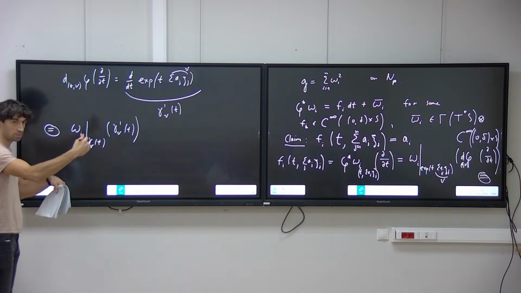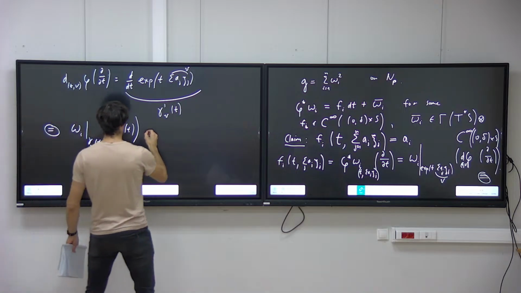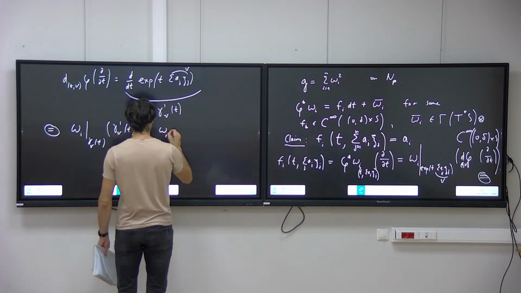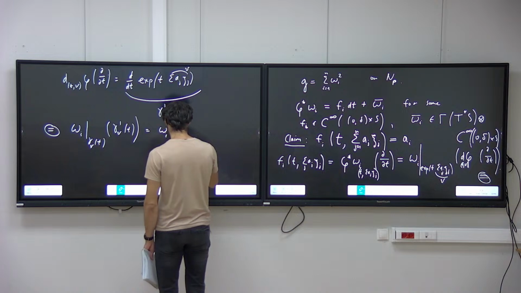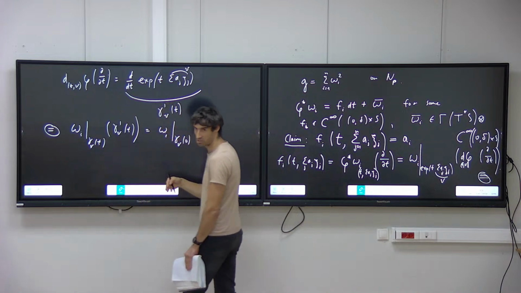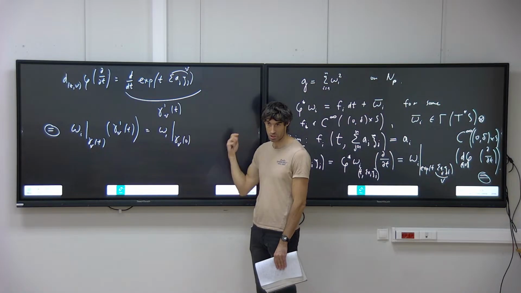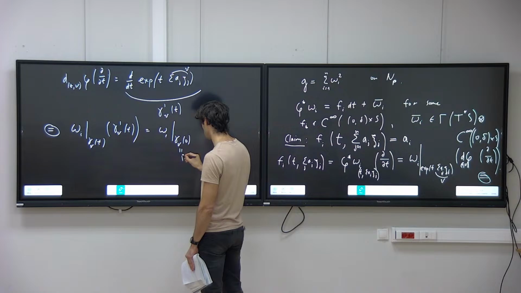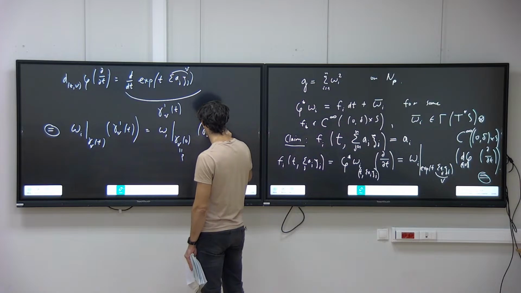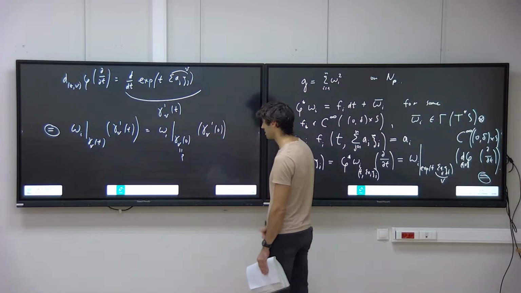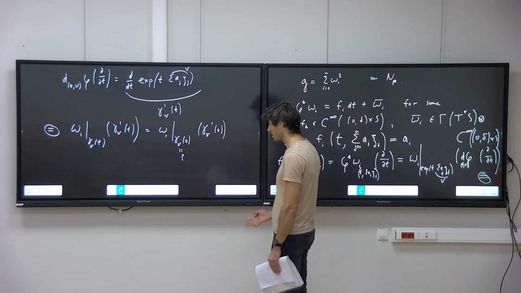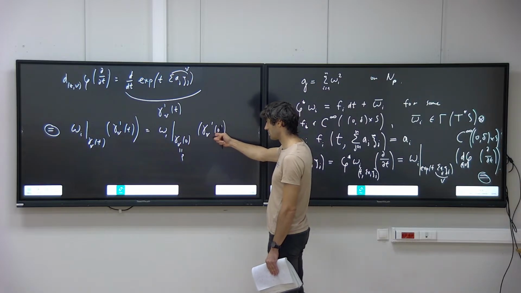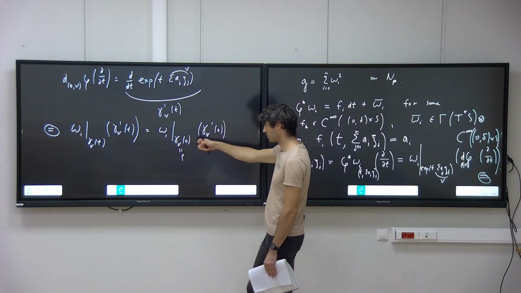But then I remember the definition of omega I. It was given by parallel translation along the geodesic. So actually this is the same as omega I at gamma V of 0. So I can go back along the geodesic by parallel translation to P, right? This is P. Of gamma V prime of 0. The geodesic is parallel, so this is tau inverse of this guy.